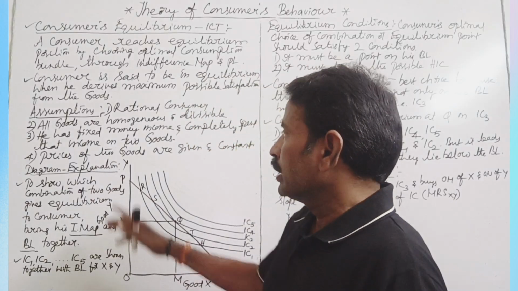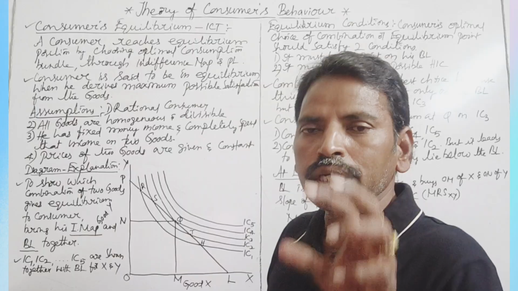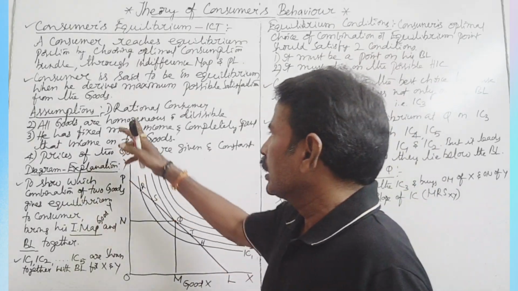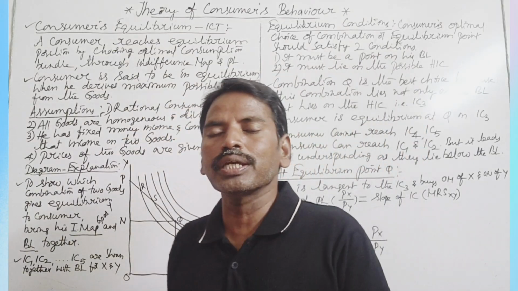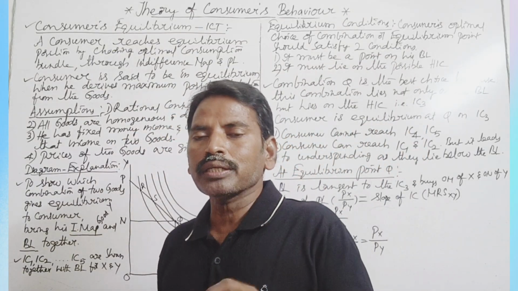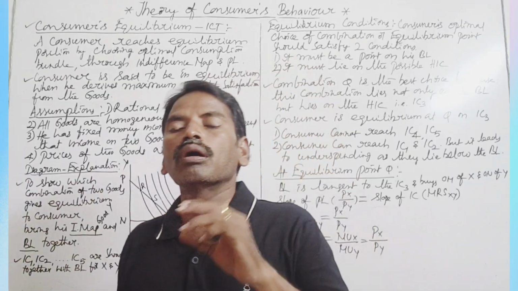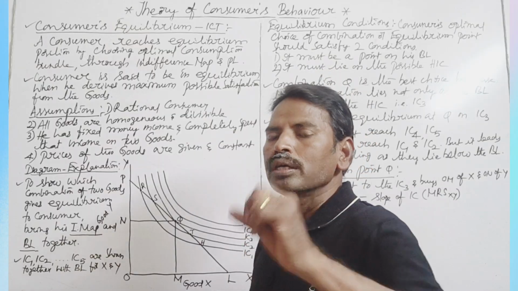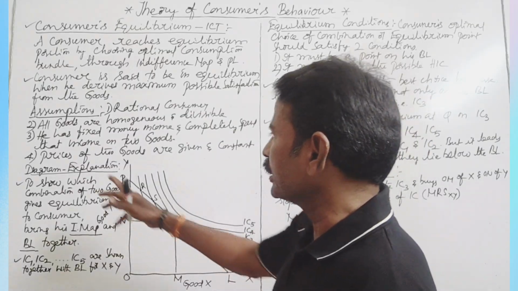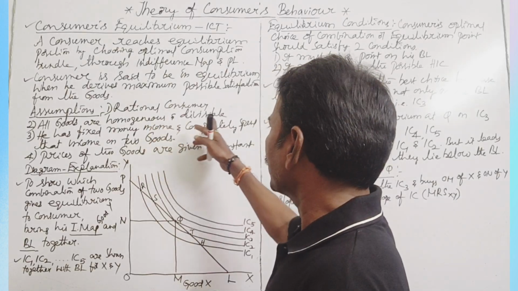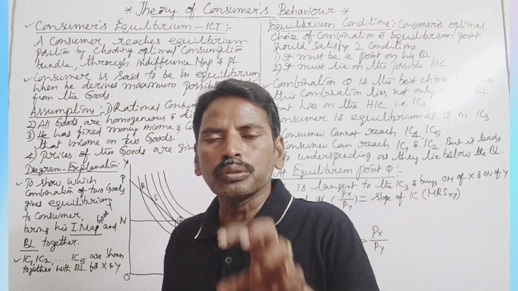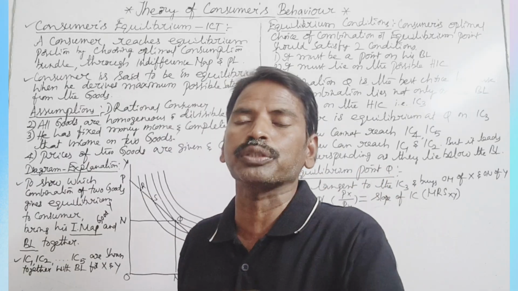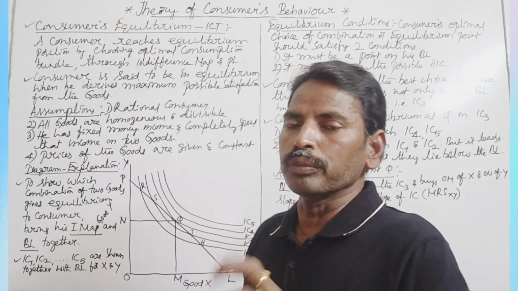Next, the consumer's equilibrium mainly depends upon some assumptions. The assumptions are: rational consumer. Consumer is a rational consumer. Rational consumer is a consumer who always seeks maximum satisfaction with his limited income. Second, all goods are homogeneous and divisible. All goods are homogeneous, that means identical in all aspects, perfect substitutes, and divisible.